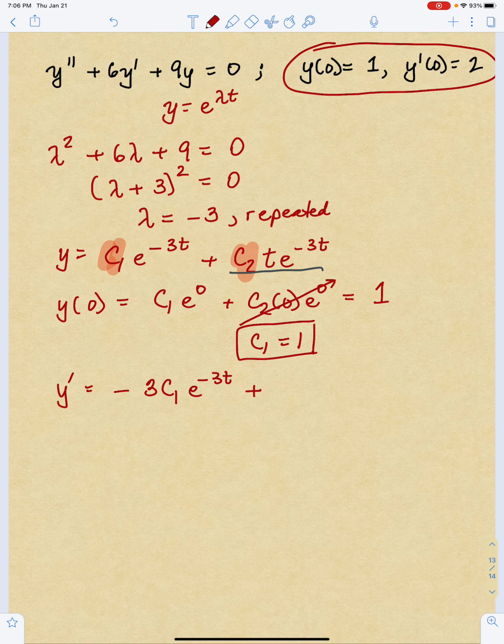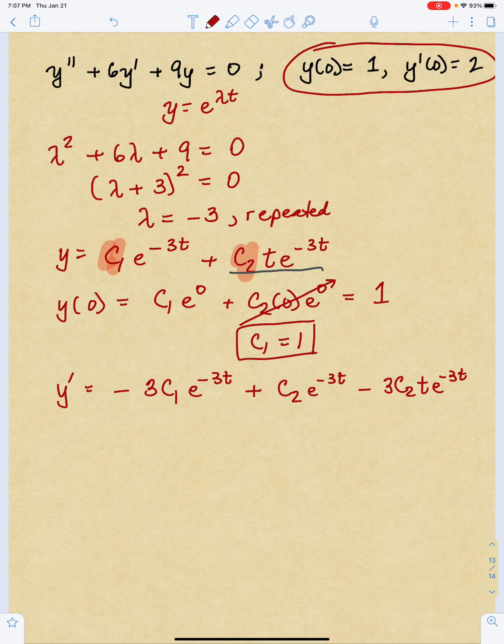So the derivative of c2 times t is c2 times the second, which is e to the -3t, plus the first, c2 t, times the derivative of the second, which is e to the -3t, times a -3.